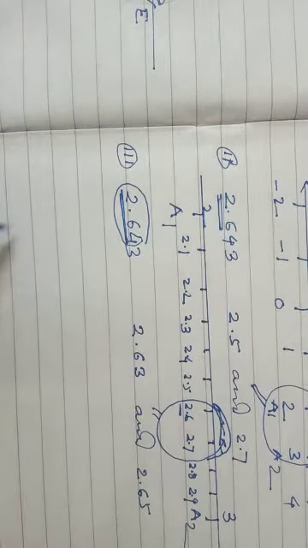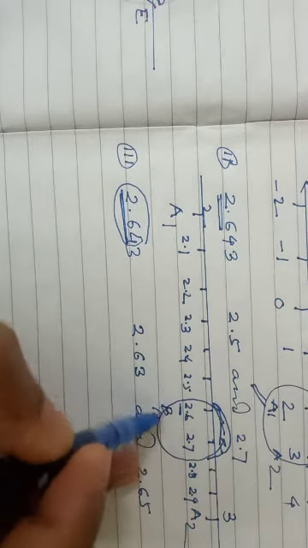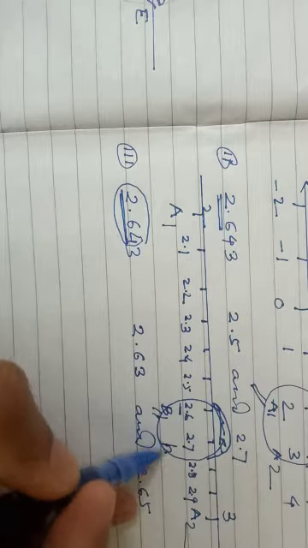Now you should draw a number line and give the points, this time B1 and B2.